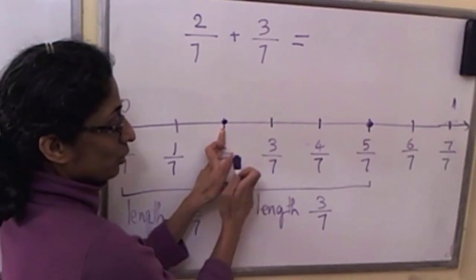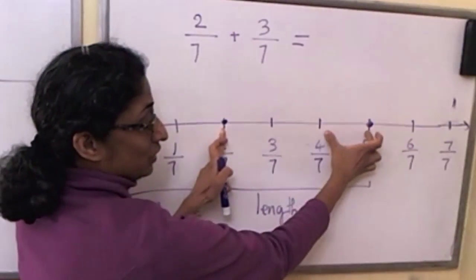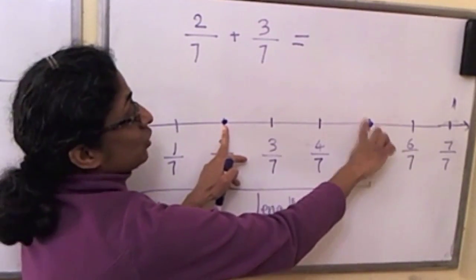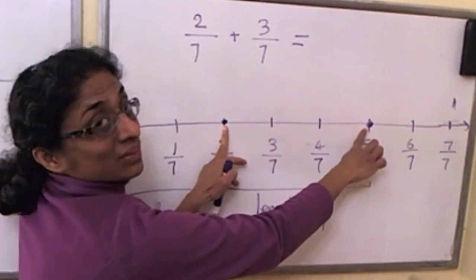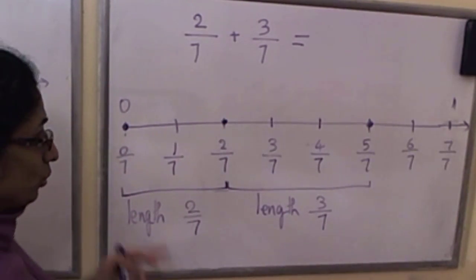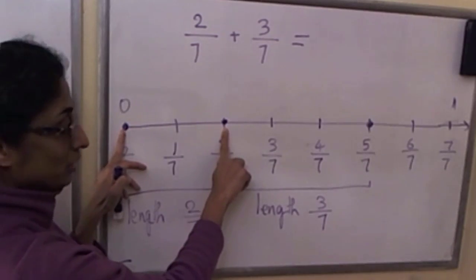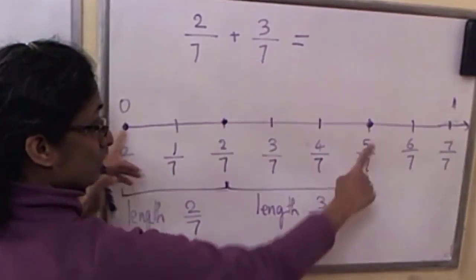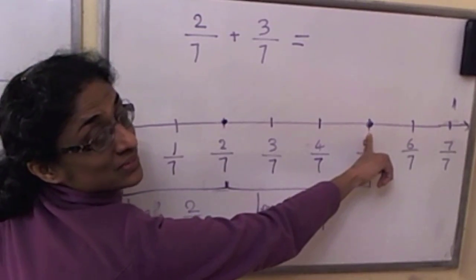Well, this is 1 over 7, 1 over 7, 2 over 7, 3 over 7. So this would be my second segment of length 3 over 7 added to the first segment. If we do that, what do we get? We get this first segment put together end to end with this segment. So that means we get this long segment.